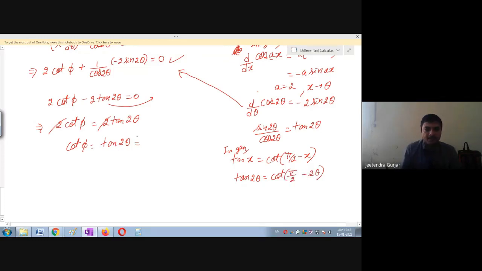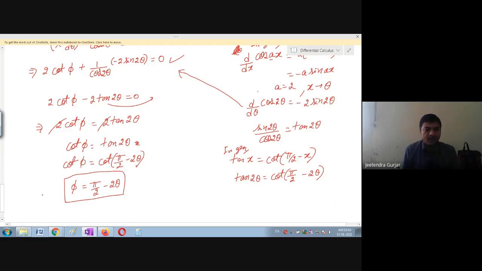Therefore, this is going to become cot of pi by 2 minus 2 theta, so that in RHS and LHS, cot will get cancelled, right? Yes, friends. So we get the answer, that is phi is equal to pi upon 2 minus 2 theta. Am I right?